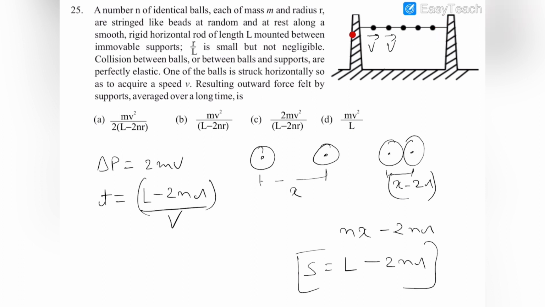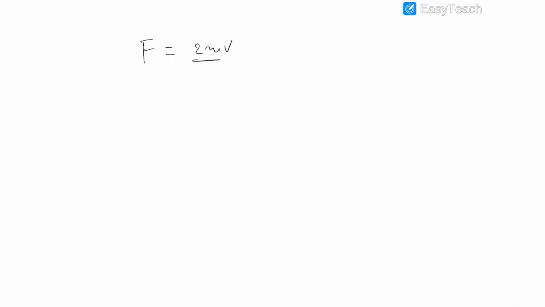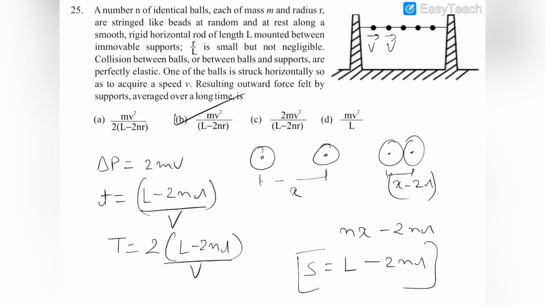So the total time taken would be twice (L minus 2nr) divided by v, and therefore the force acting on the ball on the wall will be the change in momentum, which is 2mv, upon the total time taken, which is twice (L minus 2nr) by v. Cancelling this 2 with 2, this is mv square by (L minus 2nr). So the correct answer would be option number B.